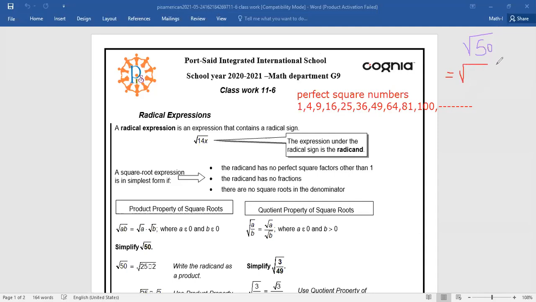Let me say again, I'm looking for two numbers now. Is 50 a perfect square number? No, right? So I'm looking for two numbers. One of them will be a perfect square number, and the second one is not a perfect square number.